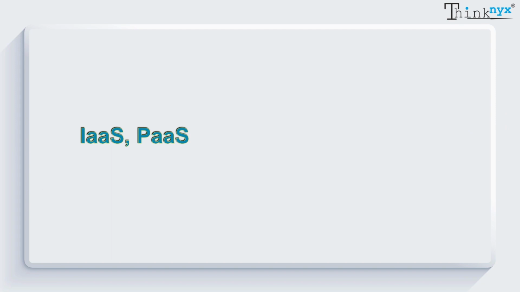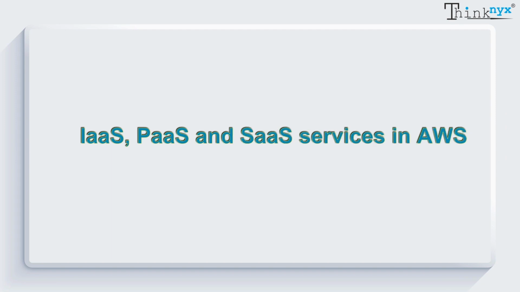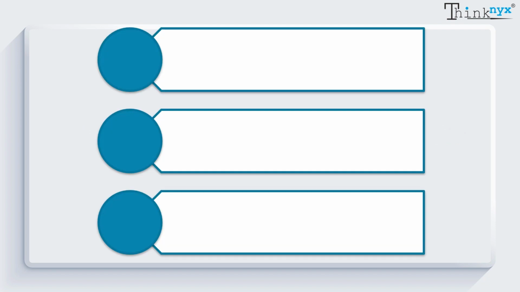Let us now talk about AWS services in terms of IaaS, PaaS and SaaS service providers. AWS provides services in terms of all service models, that is IaaS, PaaS and SaaS offerings. IaaS or Infrastructure as a Service is a model where the cloud delivers infrastructure like compute, storage and network resources on a pay-as-you-go basis over the internet.